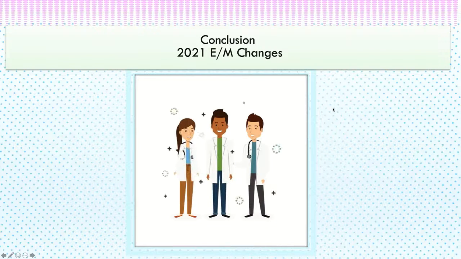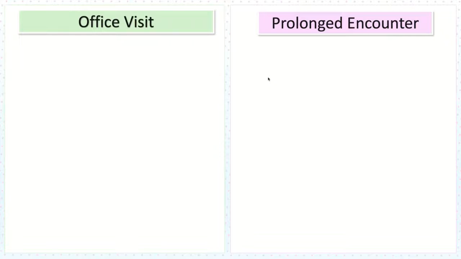So for one last go, I want to tie in both parts, 1 and 2. Before we even get into that, the changes only pertain to office visits and prolonged services. That's it. Now, if you have an office visit, you have to look at the documentation and determine one of two things. Are we going to consider this based upon total time or MMM?